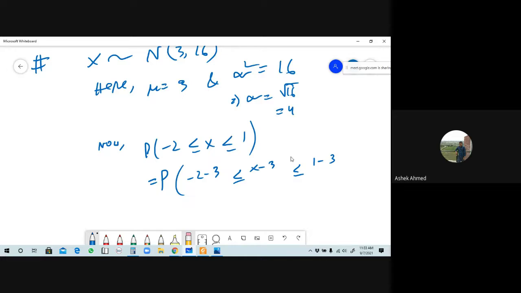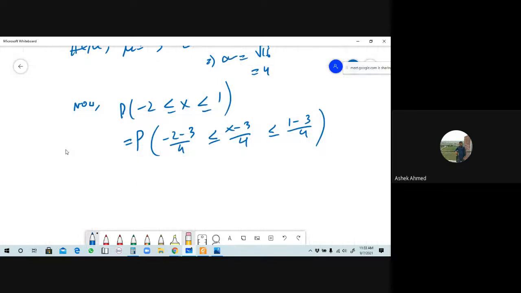Then from each part you have to subtract mu and divide its parts by the standard deviation. Divide this by 4, that will be by 4. Okay, from here tell me what this value will be. Probability of, respond to me, can you say what this will be?